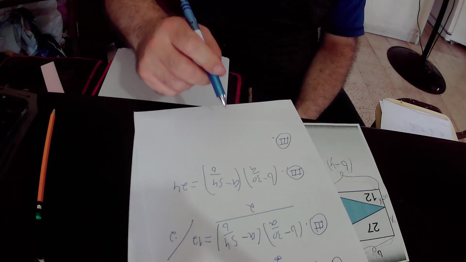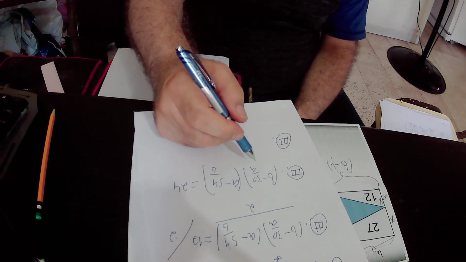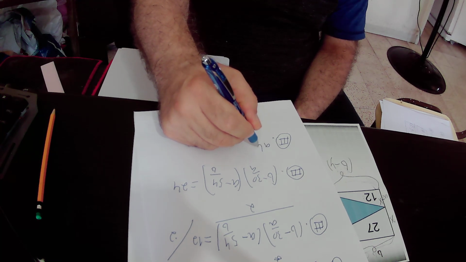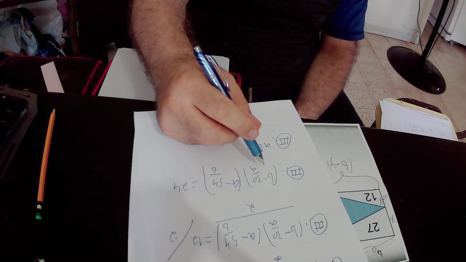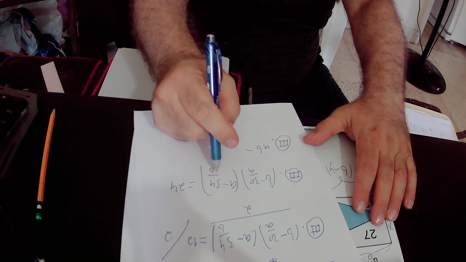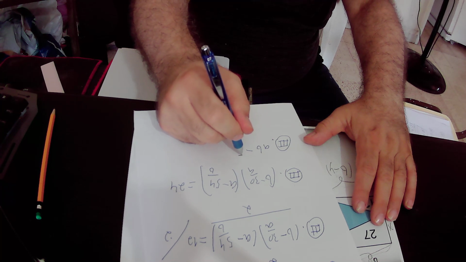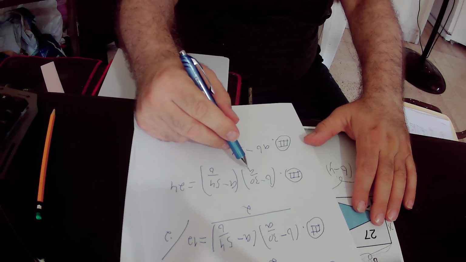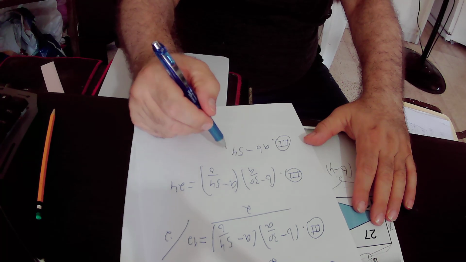So b times a is ba or ab, it doesn't matter, it is the same. b times minus 54 over b is minus 54. Minus 30 over a times a is minus 30.